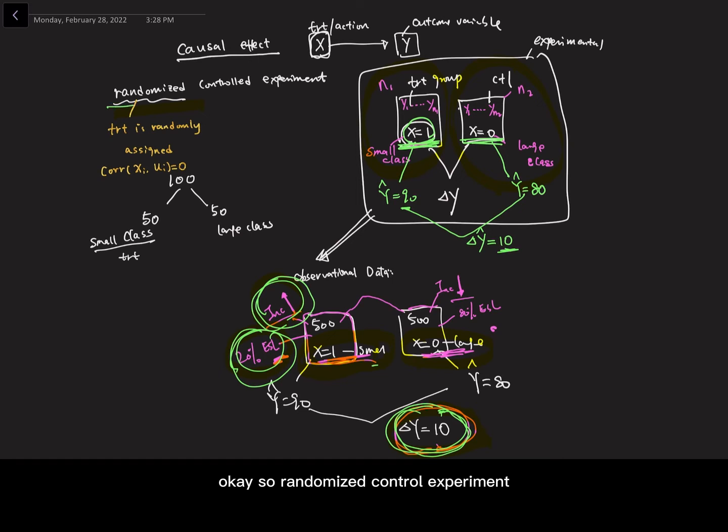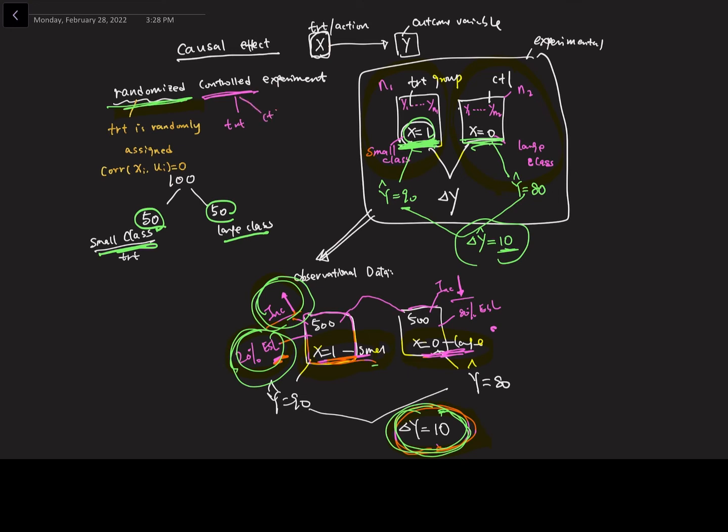Okay, so in a randomized control experiment, if the treatment is randomly assigned, you randomly assign a small class to some students, a large class to some students, and then you can ensure that the only difference between the two groups is the treatment itself. And then if you observe any difference, you can say that's caused by that only difference. You have the control here because you have a treatment group and you have a control group. So you can control for your experiment.